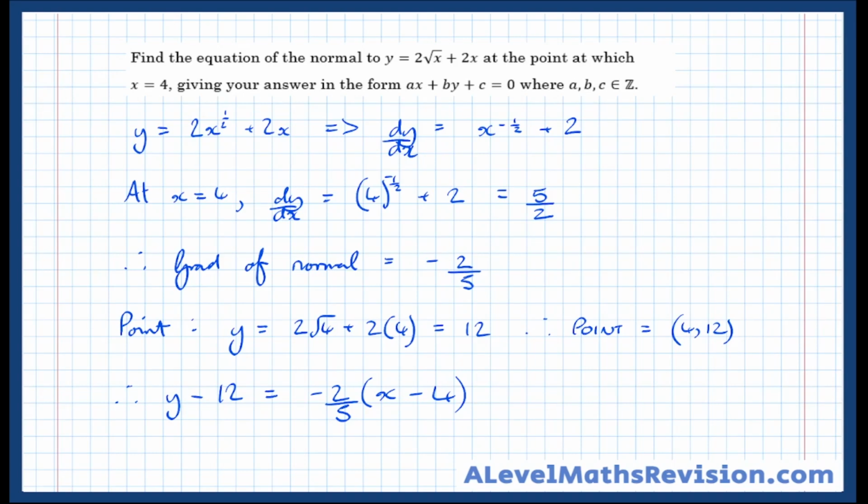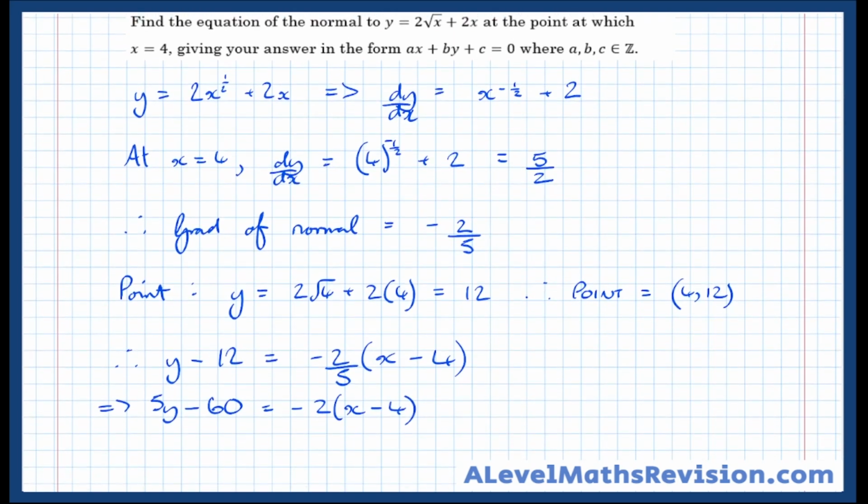The thing to notice, and this is a key point here, is that all of the coefficients of this equation must be integers. So this fraction of minus 2/5 is getting in the way. In my opinion, the best way to deal with that is to multiply both sides by 5, which means that 5y minus 60 equals minus 2(x minus 4).